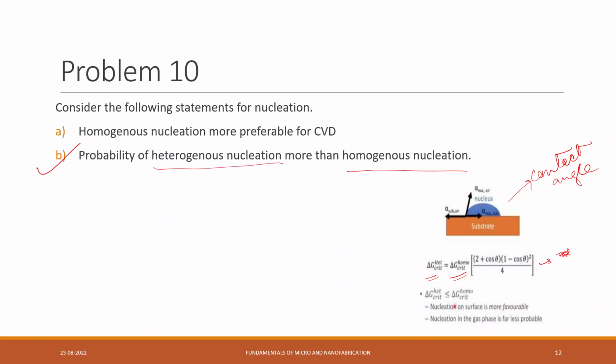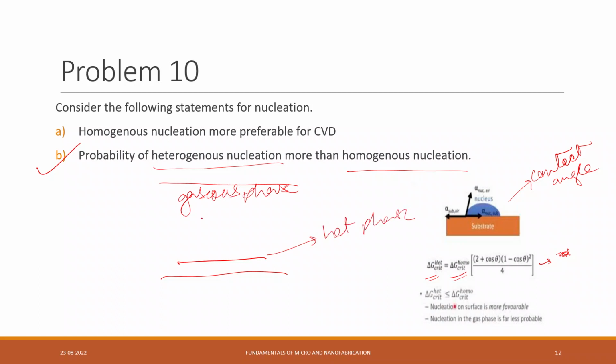Regarding whether homogeneous nucleation is more favorable for CVD, we can see this condition: this is the gaseous phase, and this is the substrate, where it is the heterogeneous phase. If nucleation happens in the gas phase, we will get clusters of silicon which will rain down on the substrate.